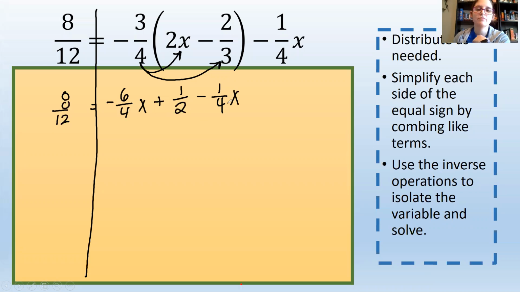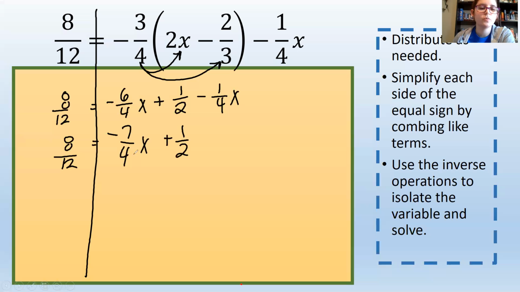So now I have common denominators, and I'm going to combine. So -6/4 plus a -1/4 gives me a -7/4 x plus 1/2. Okay, and bring down my 8/12.